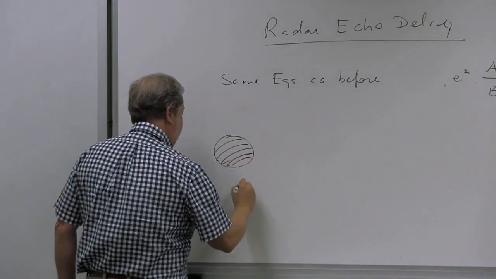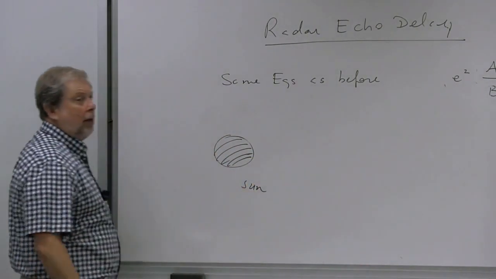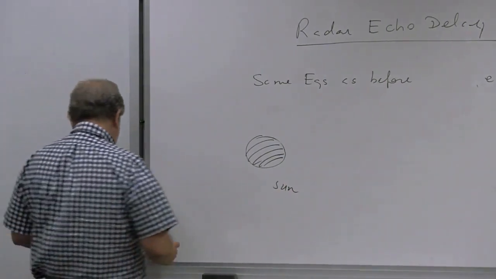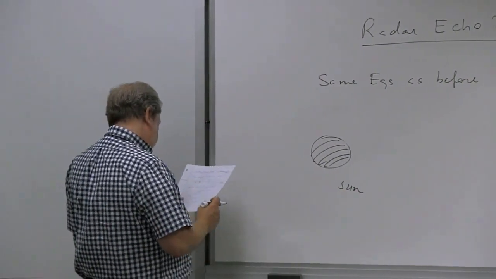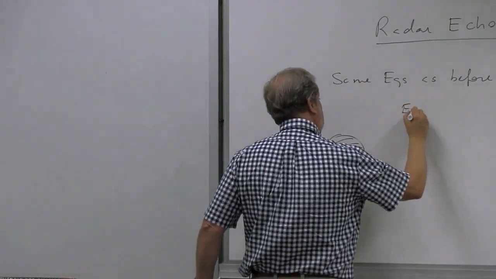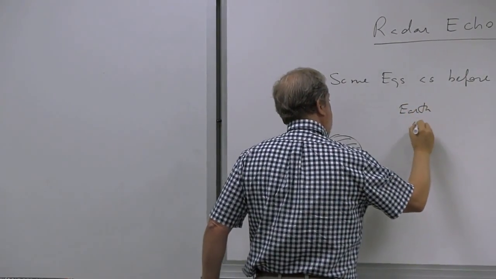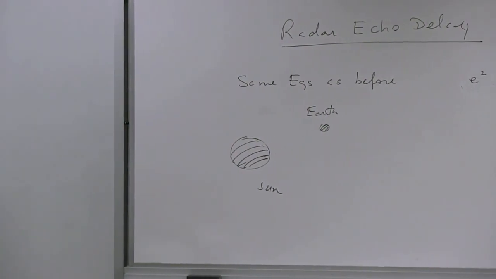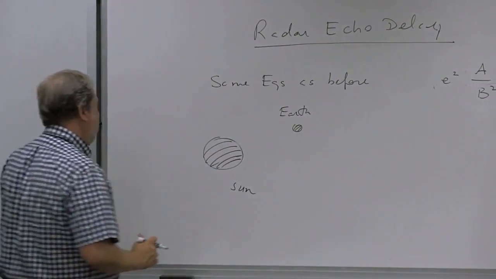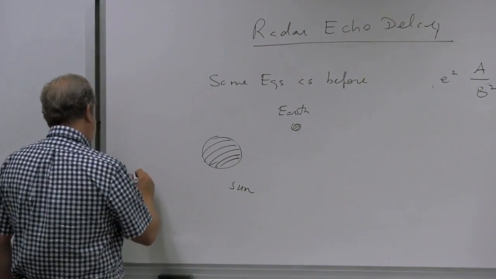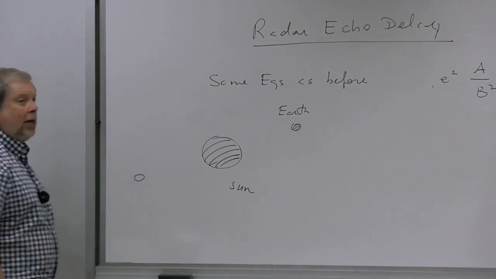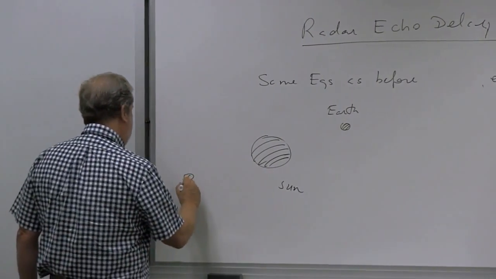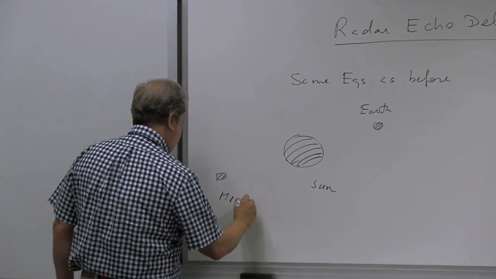Because the idea is as follows: you have the sun over here, and we have the Earth on one side. Now we need this radio signal to go past the sun, so it gets deflected. Over on this side, it would be very convenient to have another object that we can talk to, and that would be, for example, Mercury.